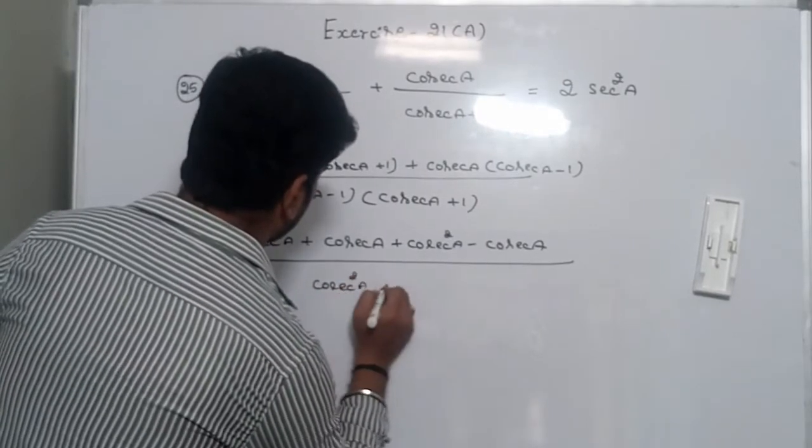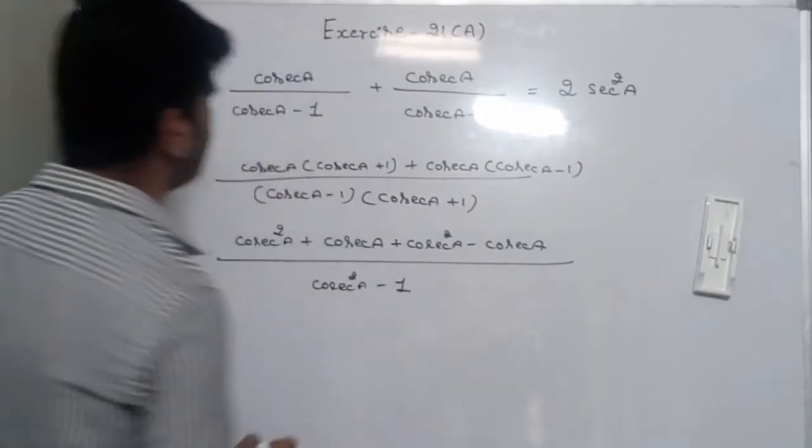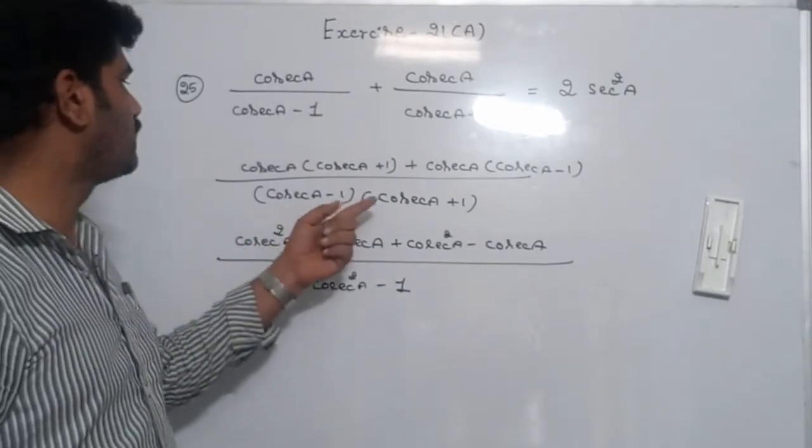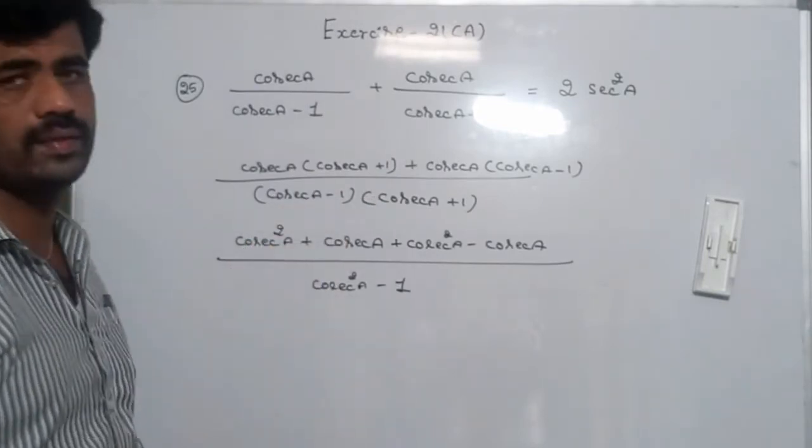Cosecant square A minus 1, in A plus B into A minus B form. Cosecant A plus 1 into cosecant A minus 1 is what? Cosecant square A minus 1.